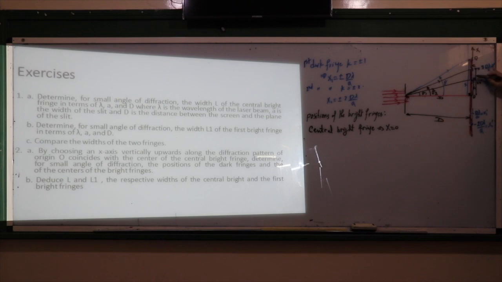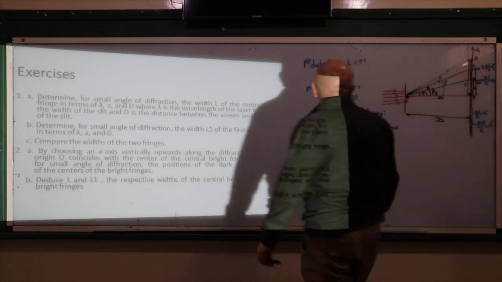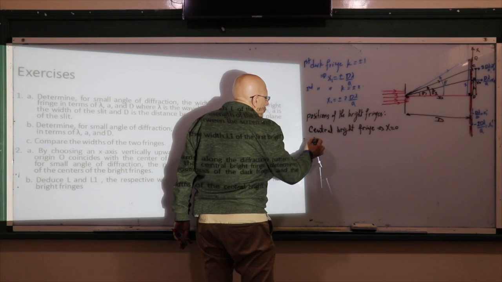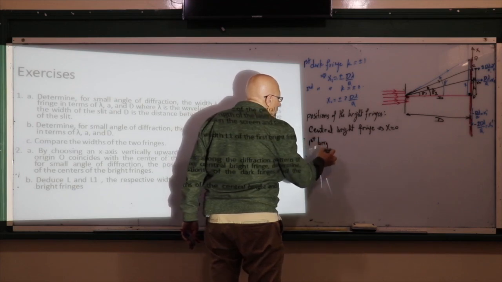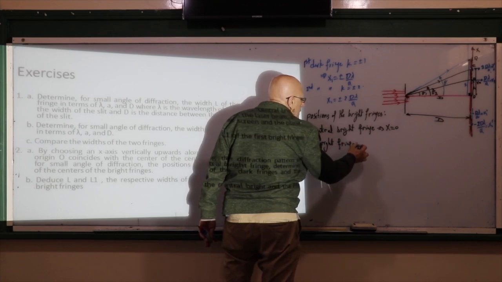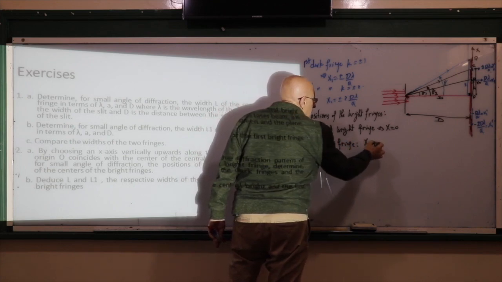Also this is the midpoint of this segment. And in mathematics, how do you find the midpoint? So the first bright fringe, I am going to call it x1 bright.